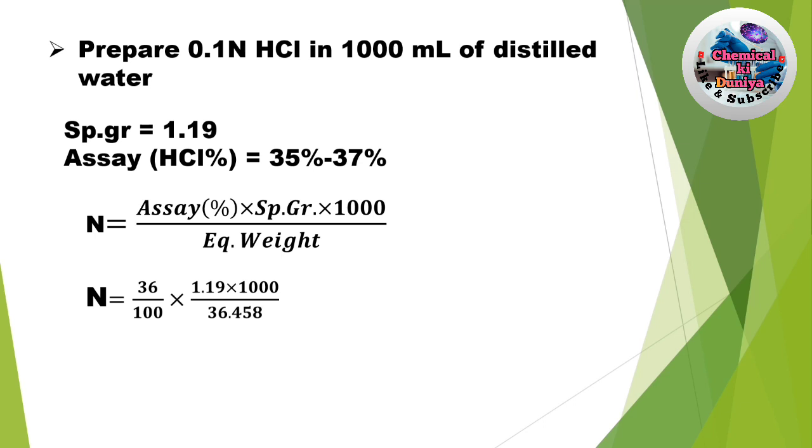N is equal to, SA is 35% to 37% as given. So take the mid value 36 divided by 100 into 1.19 into 1000 divided by equivalent weight of HCl, 36.458, is equal to 11.75 equivalents per liter.